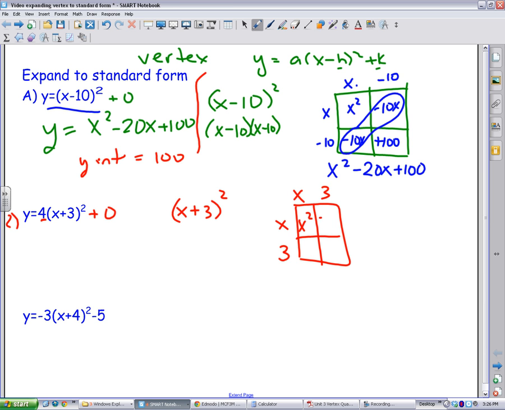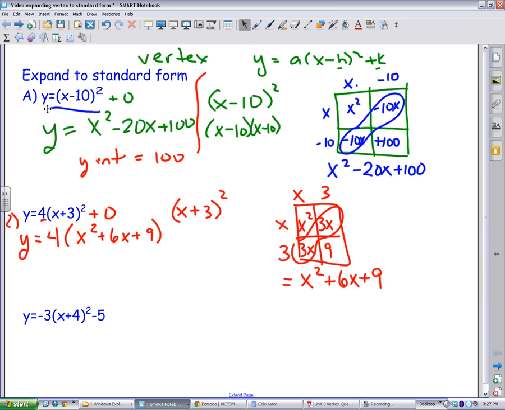I have x squared, 3x, 3x, and 9. And gathering the like terms, I have x squared plus 6x plus 9. So that means I can write over here 4 times (x squared plus 6x plus 9).